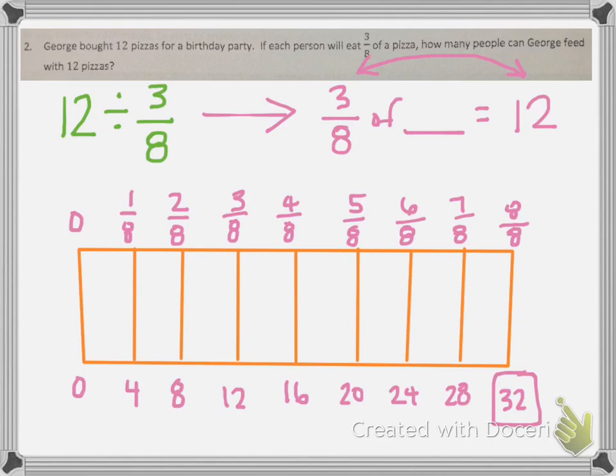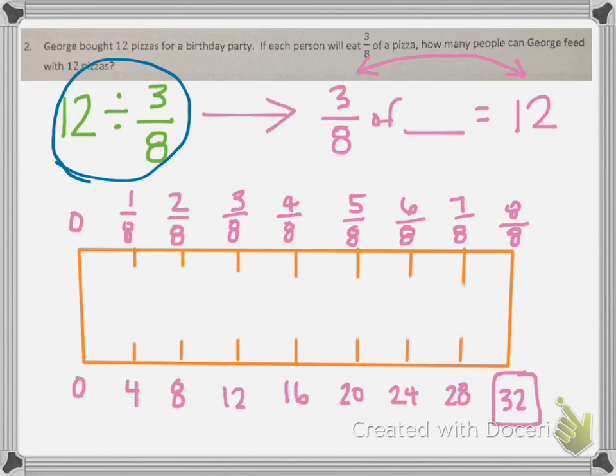Now, parents, let me just make myself some space here. I'll do it right in the middle so you can see it. I know parents that if you're helping right now, you're saying, "Well, we never did it like that." This is what we did: 12 divided by 3/8 up here. You can't divide by a fraction, but what you can do is multiply by the reciprocal of that fraction.